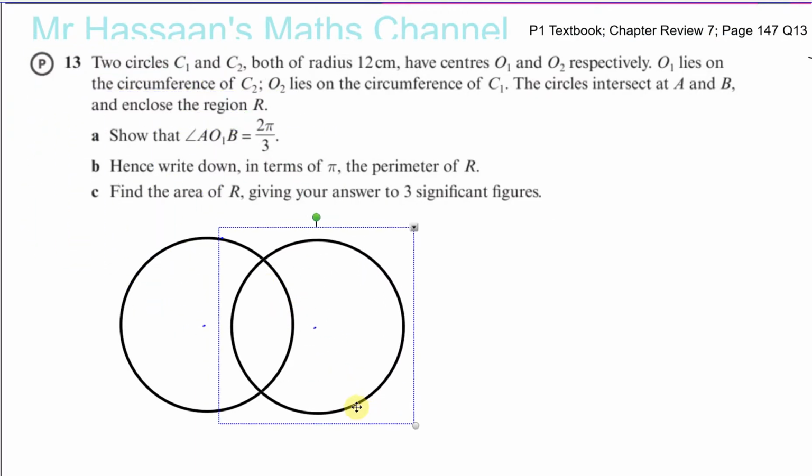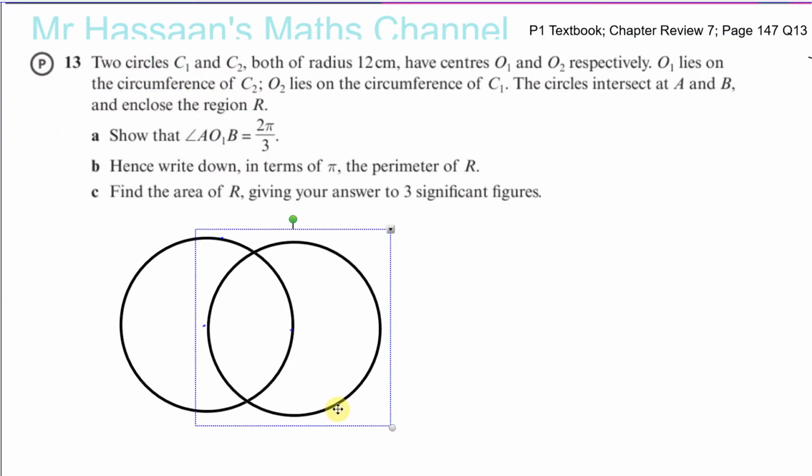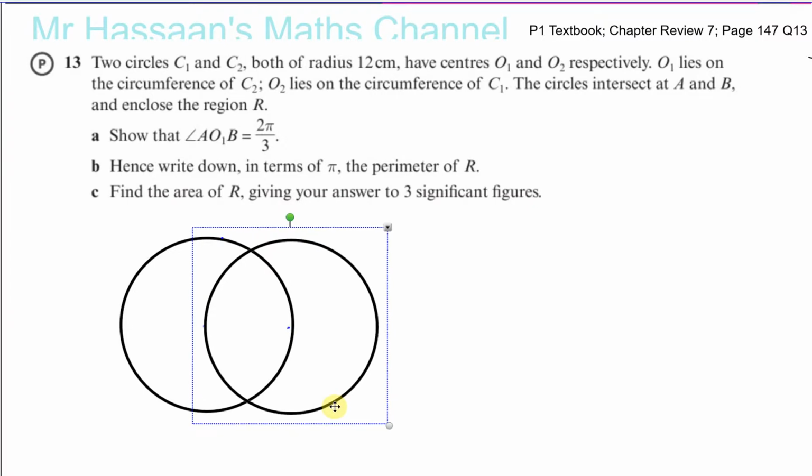So it says the center of one of the circles lies on the circumference of one, and the center of the other lies on the circumference of the other.